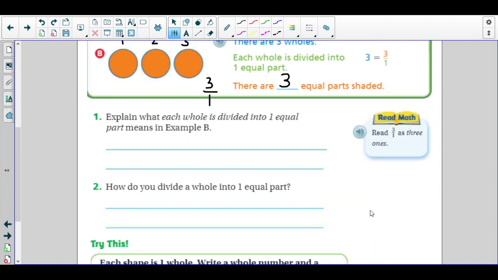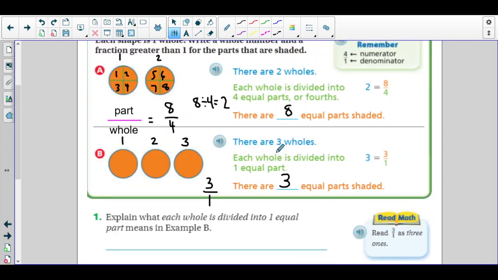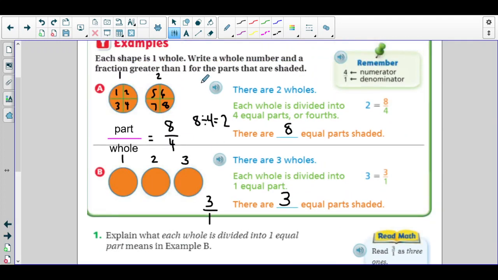So this is where things do get a little bit complicated. Let's take a look at what would happen if we divided this into halves, for example. How many parts would we have? 1, 2, 3, 4, 5, 6. And let's look at one of those wholes. How many parts are they divided into?